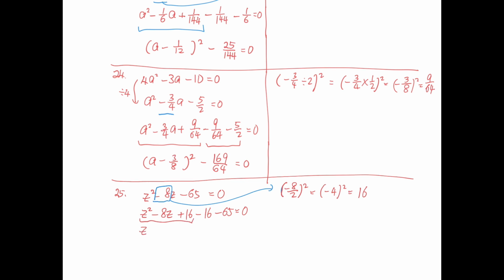So again, the first three terms are a perfect square, so we can factorize it straight away. It is going to be the minus 8 divided by 2, which is minus 4. So the last two terms we press calculator, we get minus 81. And settle. This is 25.